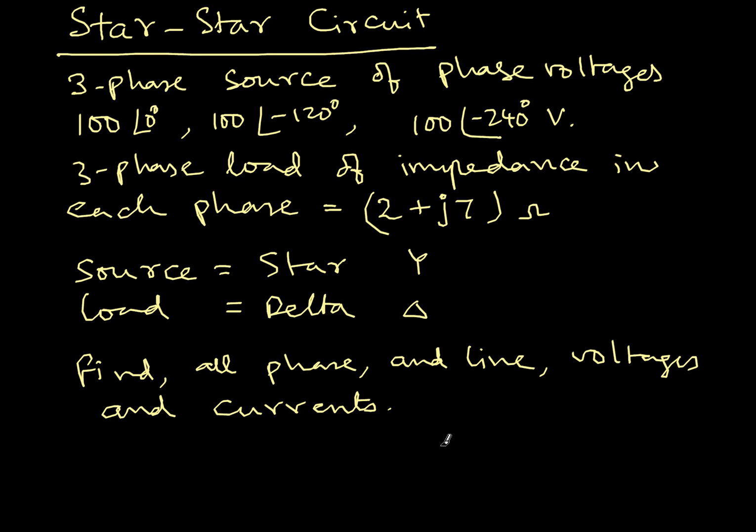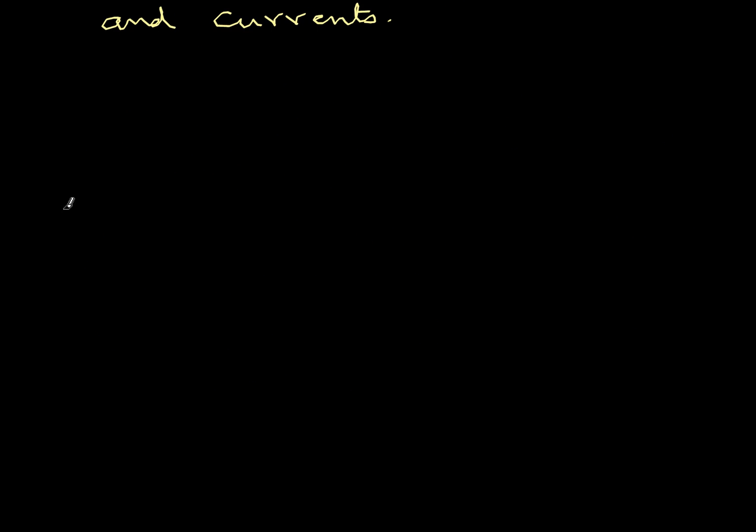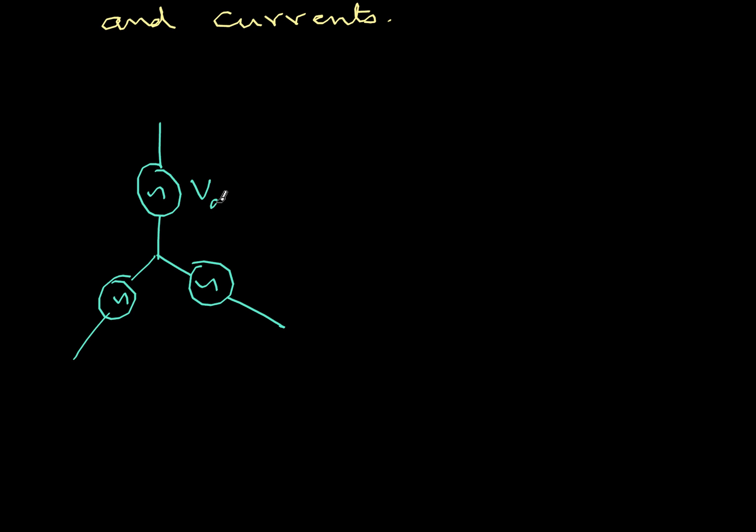I'll begin by drawing the circuit diagram. So a three-phase source, star connected. This is the first phase, this is the second phase, and this is the third phase. This is VA, this is VB, this is VC, and you all know this is plus minus, minus plus here, and minus and plus here.